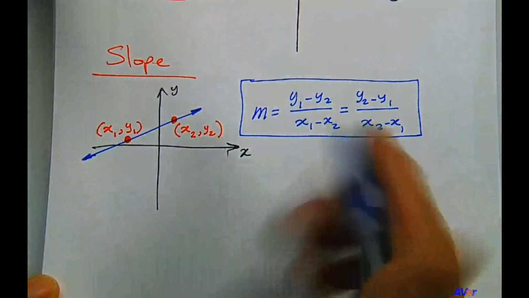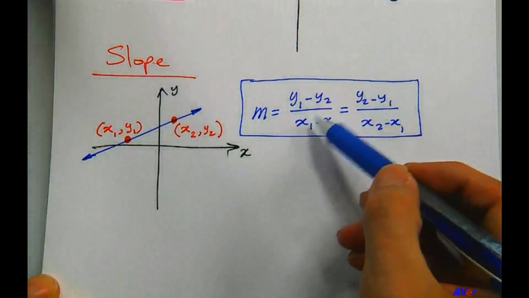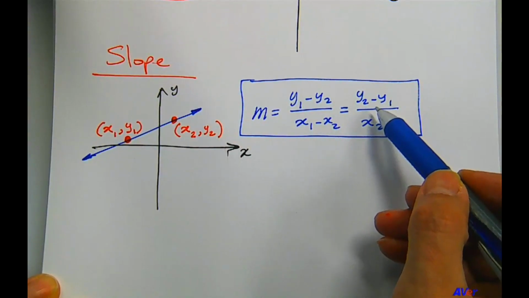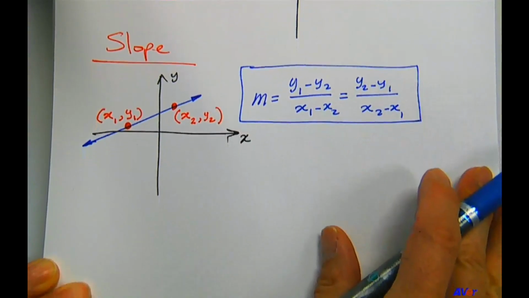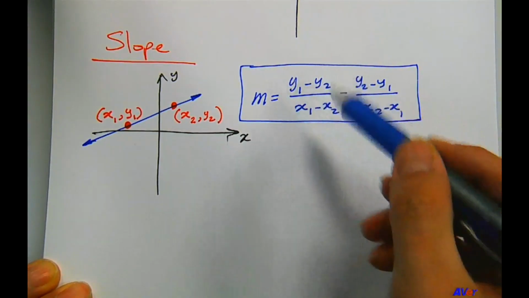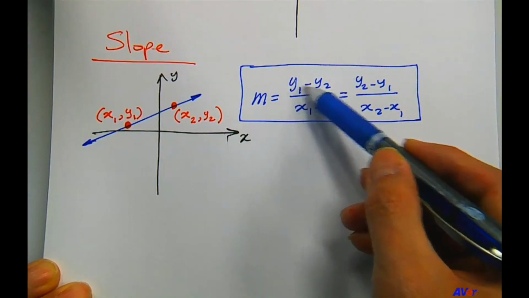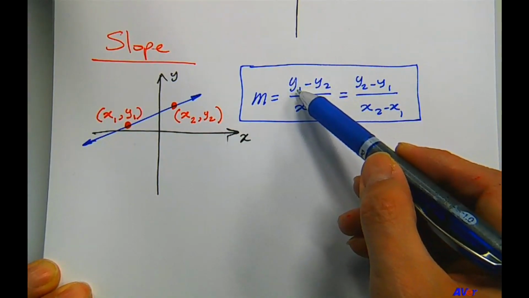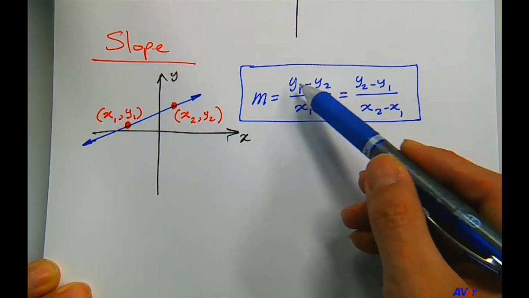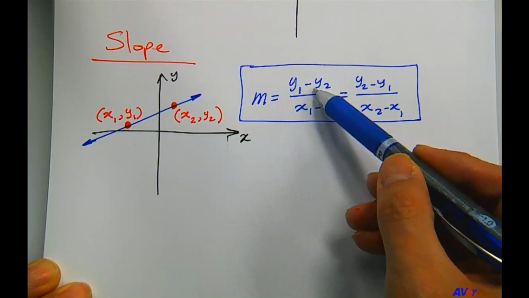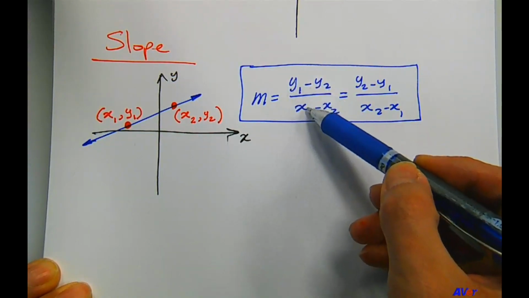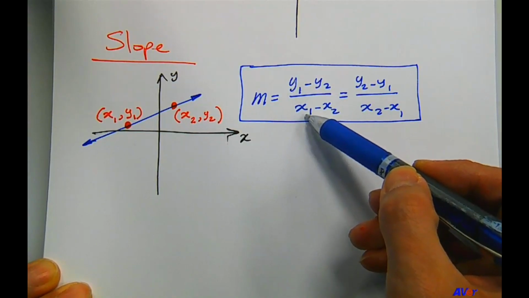So which one is correct? y1 minus y2 or y2 minus y1? Well, both are correct as long as you remember to keep the order of subtraction the same. So at this point you have the option of whether to do y1 minus y2 or y2 minus y1. But once you pick one order of subtraction between the y components, you have to keep the same order of subtraction for the denominator.